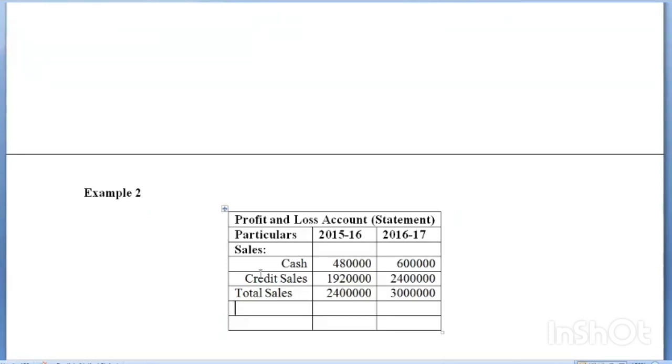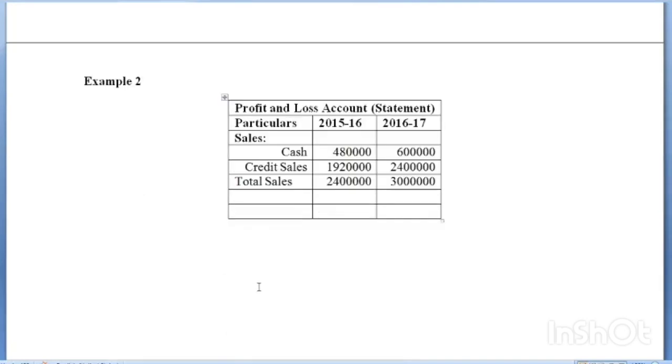Okay. Let's see what we have. We are having total sale. Total sale means cash sale plus credit sale. Correct? Cash plus credit is equal to total.